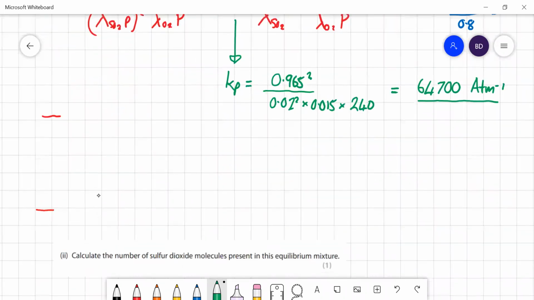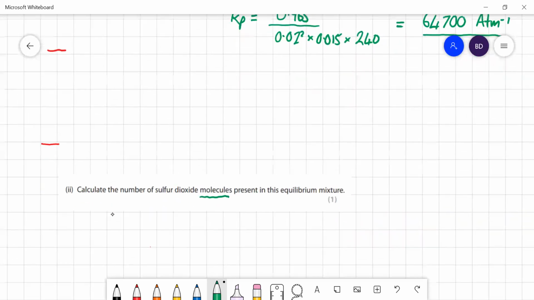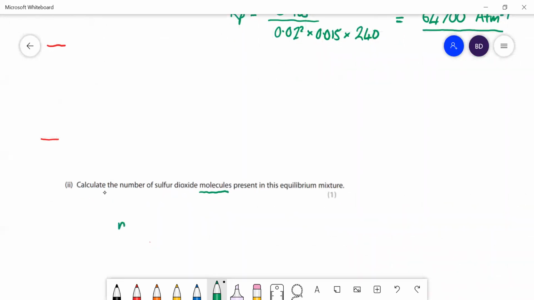Next one. Calculate the number of sulfur dioxide molecules present in this equilibrium mixture. Okay, so number of molecules is going to be equal to the moles multiplied by the Avogadro constant, L. So how many moles of SO2 did we have?